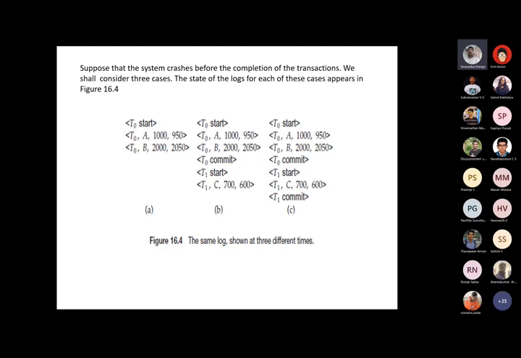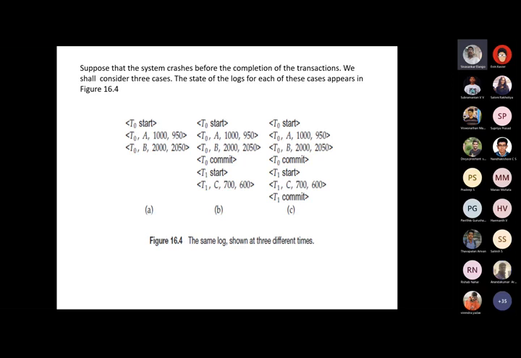So once a failure occurs, you have to recover from the failure. The system scans through the log records. It finds that for the transaction T0 start, there is a corresponding T0 commit. And similarly, for the transaction T1 start, there is a log record T1 commit. It looks like both transactions have made changes that are made permanent to the database.